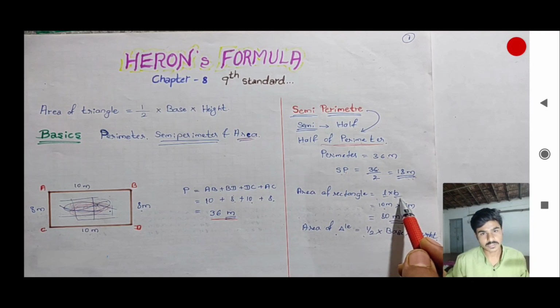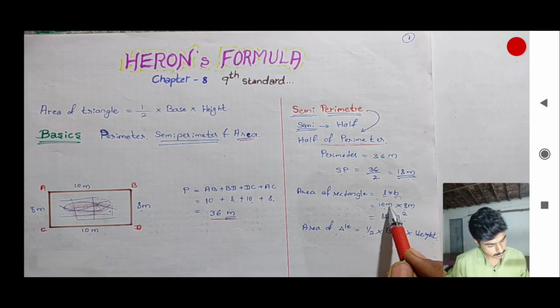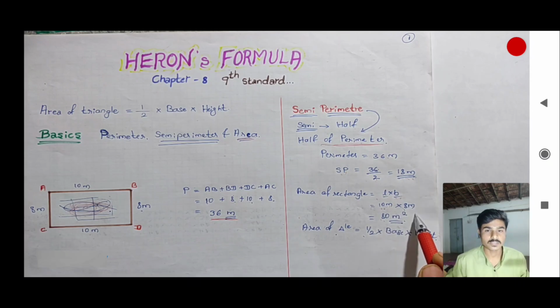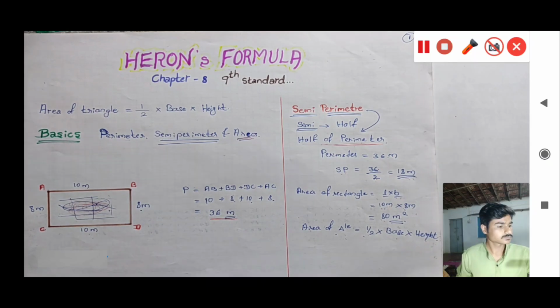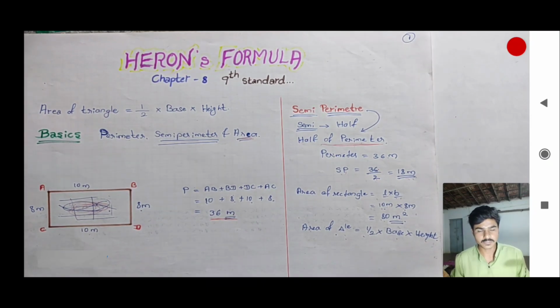I have substituted the values here, that is 10 meter into 8 meter. 10 into 8 is 80 meter square. Likewise, the area of a triangle is half into base into height. I hope it is clear till now.